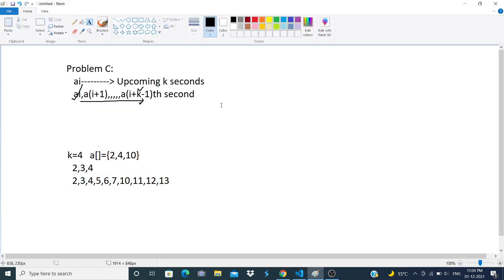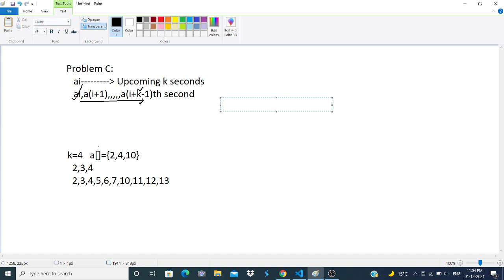So the thing is that here k is unknown. We don't know what the value of k will be, and we want to minimize the value of k.